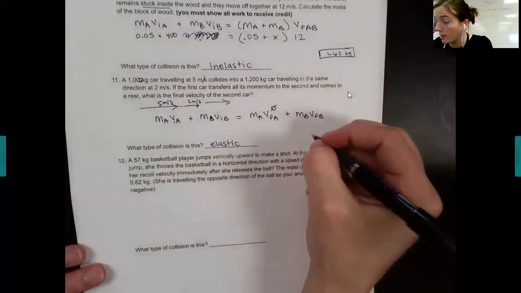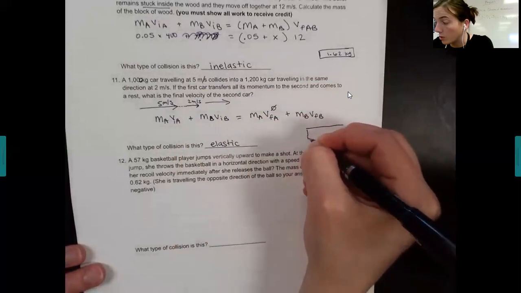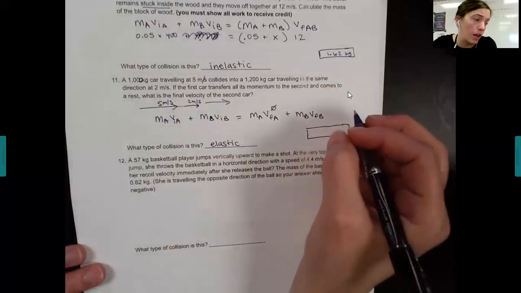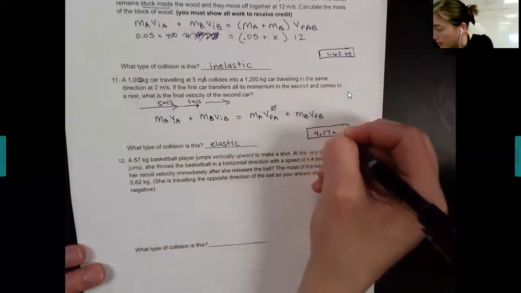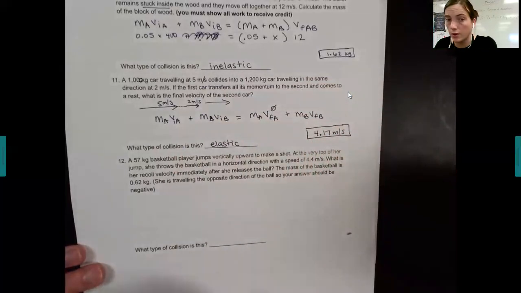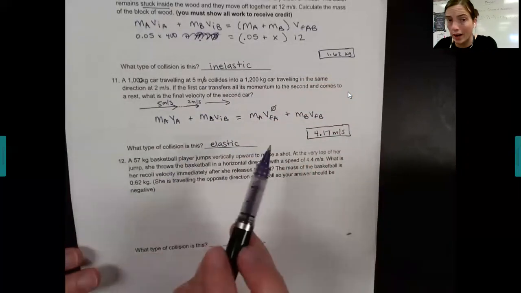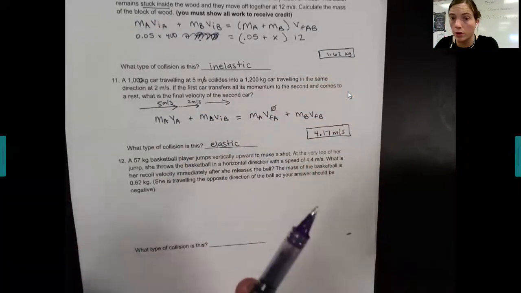I'm gonna let you plug everything else in. If you do this correctly, you should be getting 4.17 meters per second. Okay, plug in the numbers, write it all down so we can see all of your work. Make sure you get the right answer.